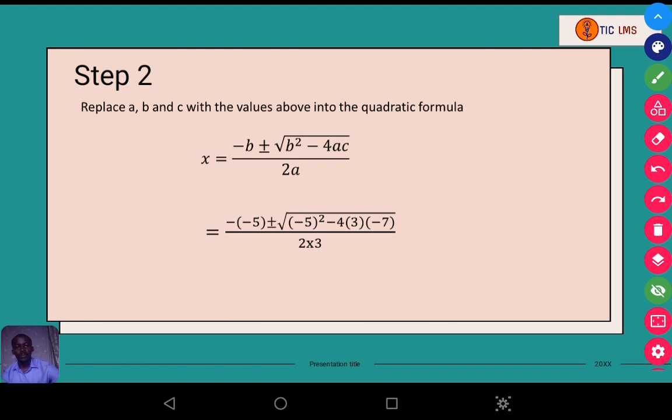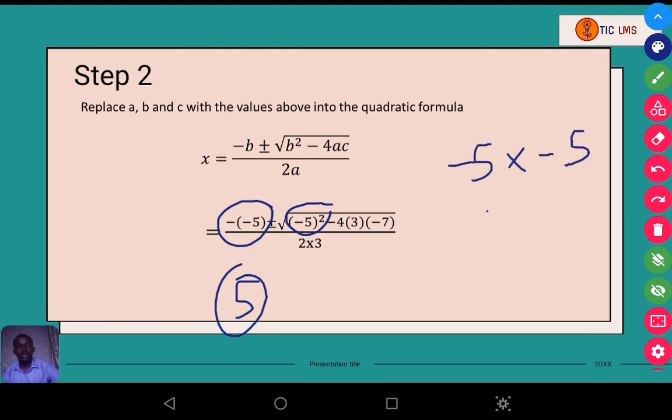Now look at this. Here we have negative 5. So what we do is that when negative multiplies negative, it becomes positive. So we have 5. Then look at this as well. Negative 5 squared. What does that mean? It means negative 5 multiplied by negative 5, and that's going to give us positive 25.